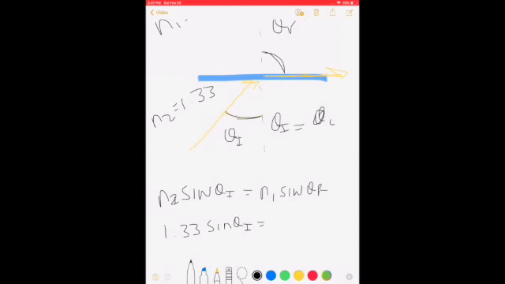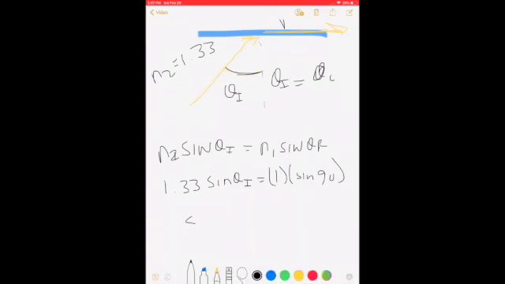Okay, so N2 is equal to 1.33, and then we're looking for sine theta. Just put this all in real quick. N1 is equal to 1, and then sine theta refraction, or sine 90. So sine theta of incidence is equal to 1 sine 90 over 1.33.